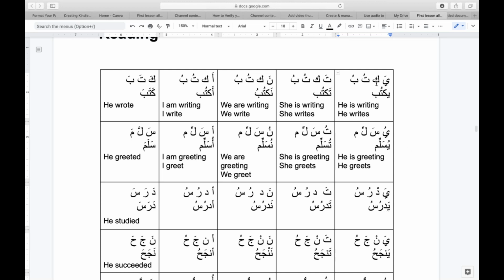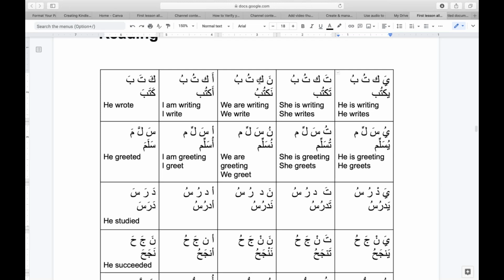Ya and kaf, yak. Ta, yaktu. Ba, yaktubu. Ta and kaf, tek. Ta, tektu. And ba, tektubu. Noon and kaf, nek.